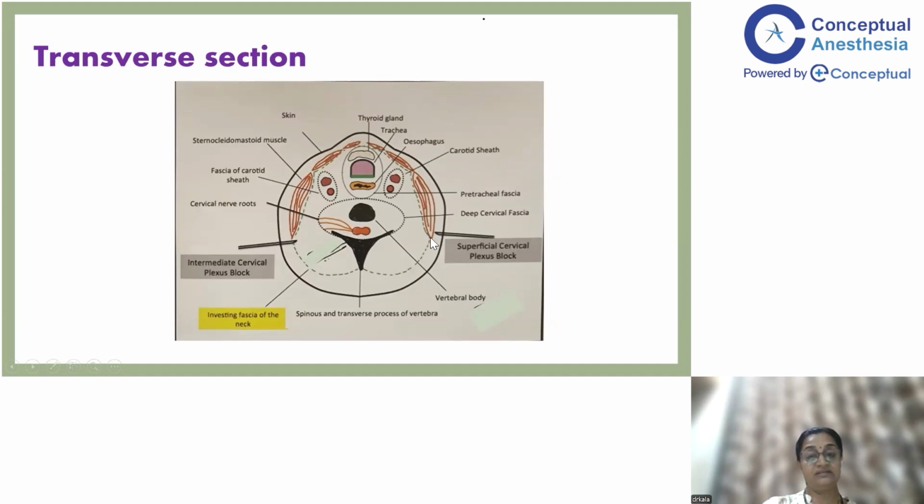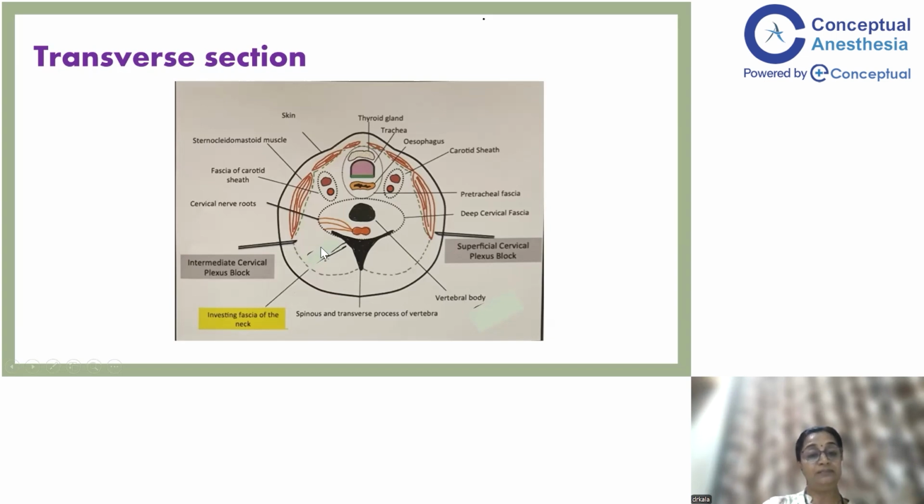Outside the investing fascia, at the lateral border of the sternocleidomastoid at its midpoint, is your superficial cervical plexus. Once you pierce the investing fascia, you enter the intermediate plane.